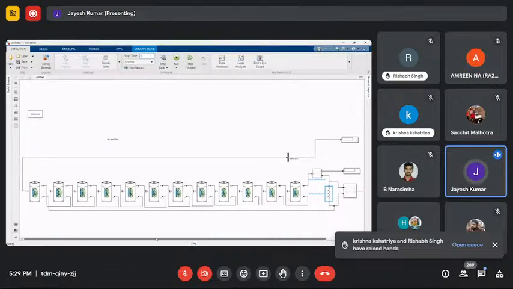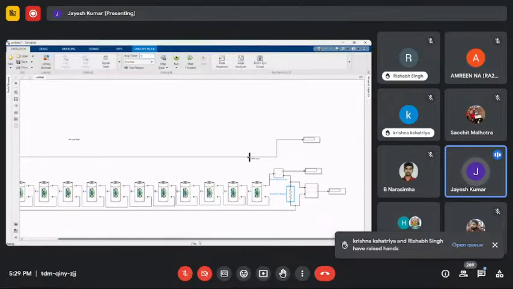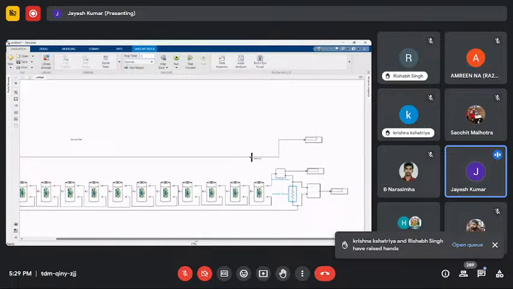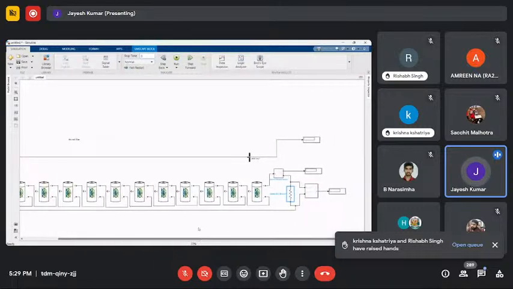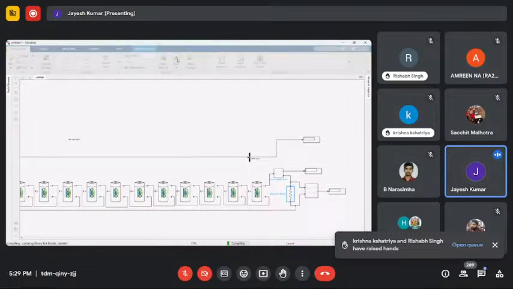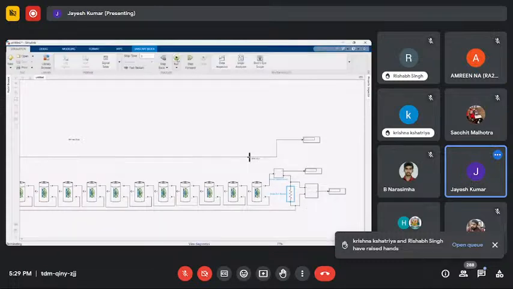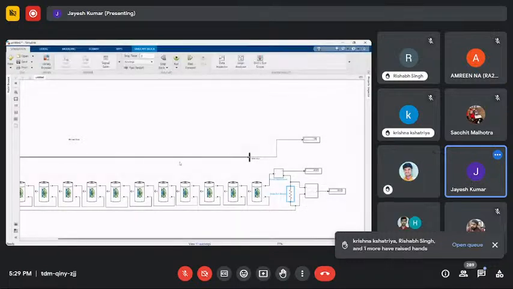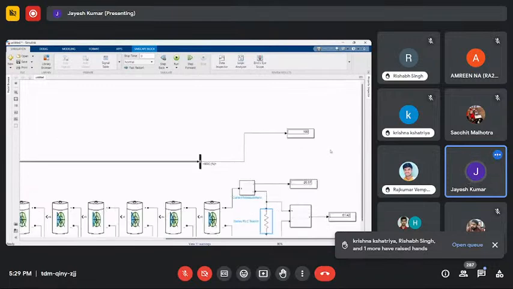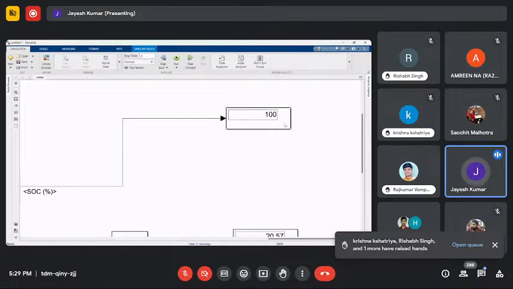And I will see how much the battery output voltage is. It's near up to 44, or maybe the tolerance level goes higher. And I will see the current part also from here and show the battery's state of charge. So you can see that I'm getting a SOC of 100%.